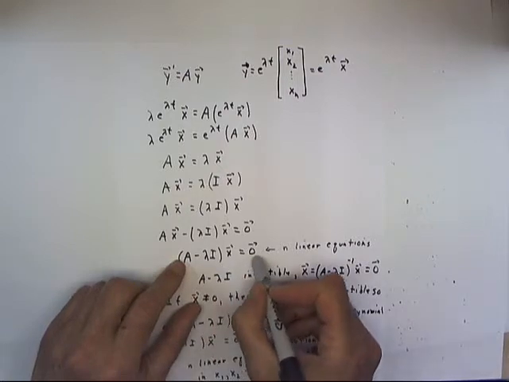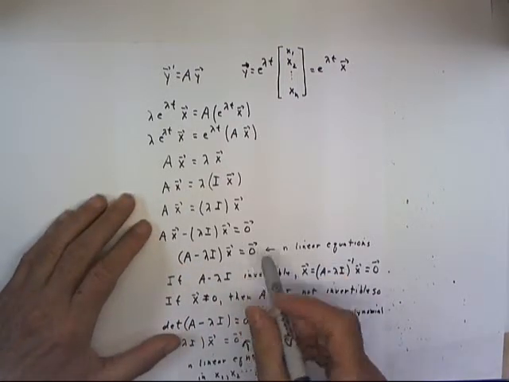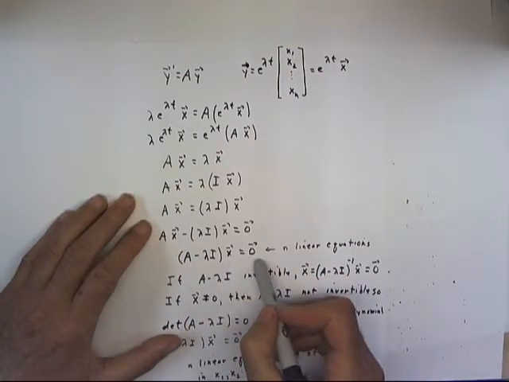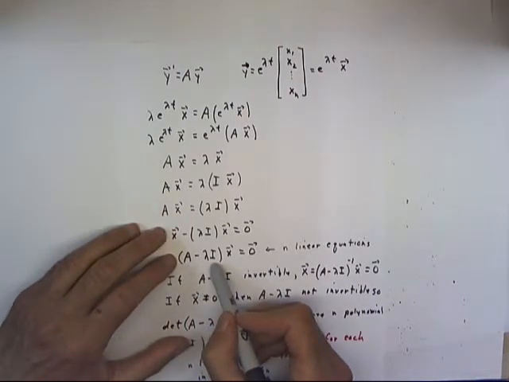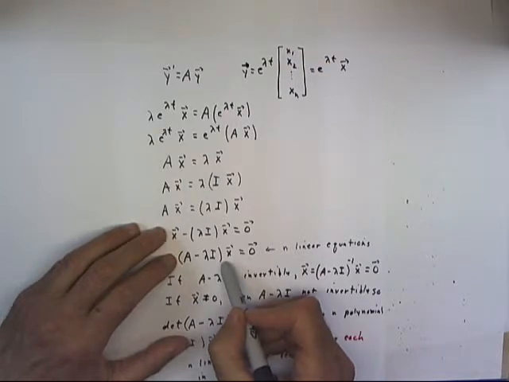This matrix equation would have a unique solution if the matrix A minus lambda I was invertible.